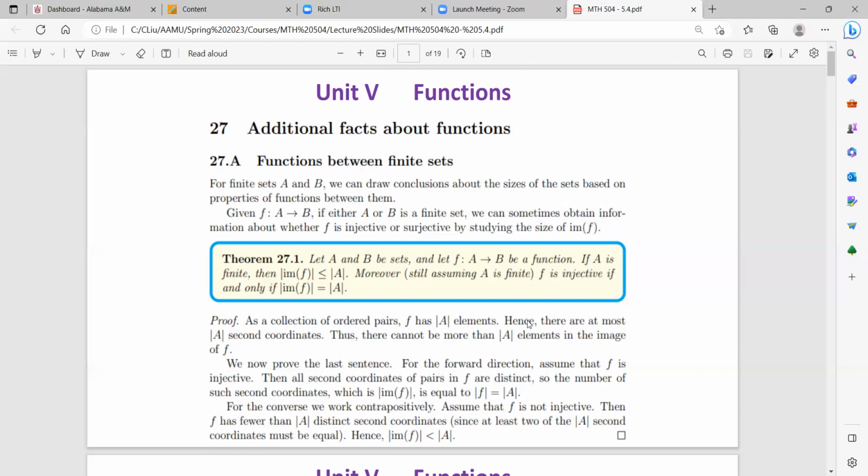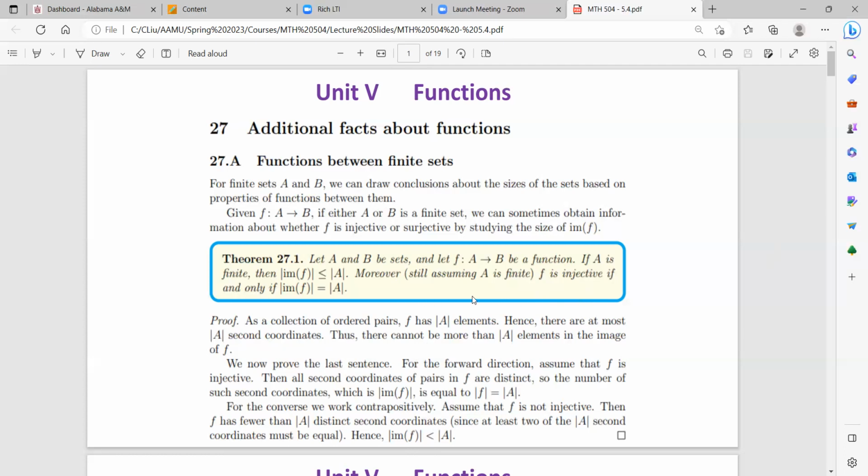But "at most" is the key phrase here. So there cannot be more than size A elements in the image of f, right? The second coordinates in this function f, all the pairs, is the image of f. Okay, so that's the first part. It's pretty easy to prove.